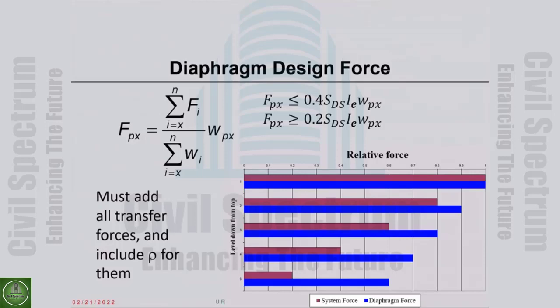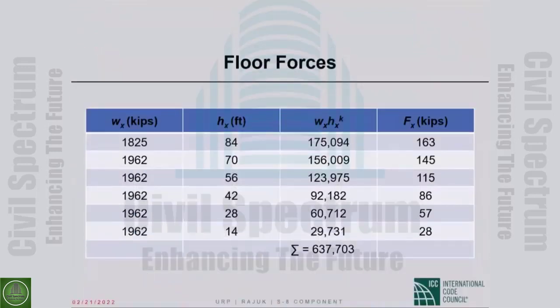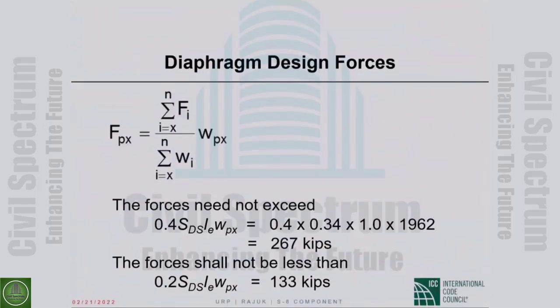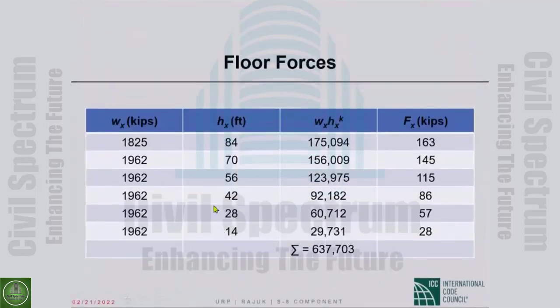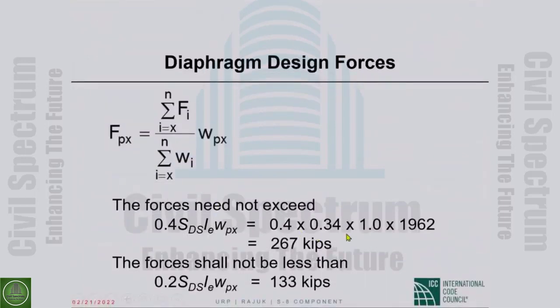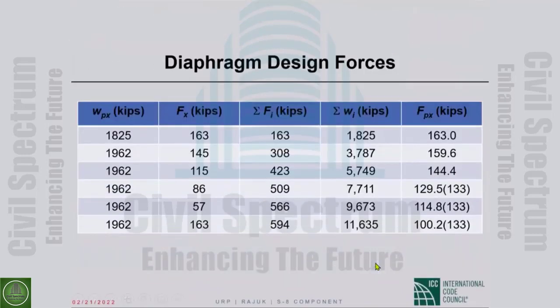The lower bound is 20% of S sub ds times I times W. So in our case, the upper bound 40% S sub ds IW is 40%, S sub ds apparently is 0.34, I is 1, W sub px from the table is 1962 at a typical level, and that gives you 267 kips. The lower bound of 20% S sub ds is one half of that, that is 133 kips.